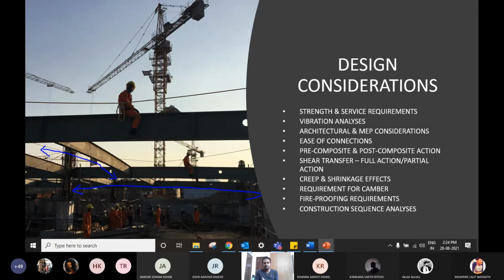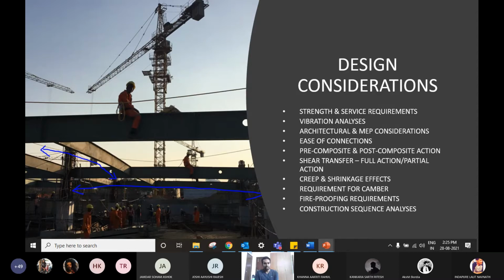You would end up providing members which are now 600 mm or 550 mm in depth, where your actual strength and serviceability, like your deflection requirements, could be fulfilled by only 400 mm deep beams. But your vibration would tell you to step up, make your system more rigid, and put in bulkier sections. So vibrational analysis is very important when you are going for thin sections.